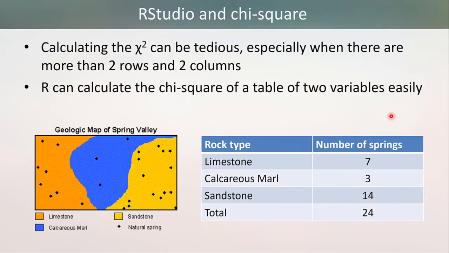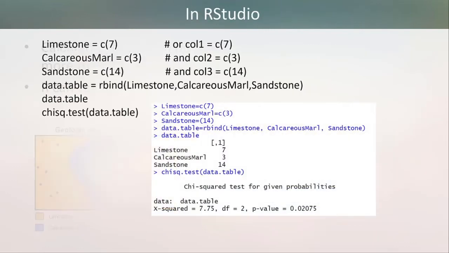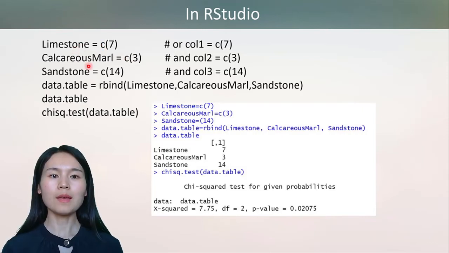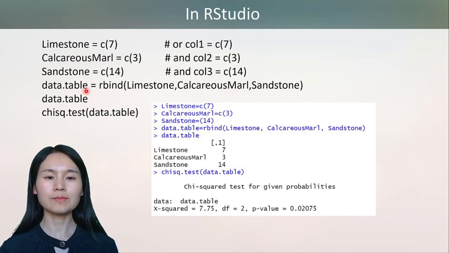Calculating chi-square can be quite tedious, especially if you have more than 2 rows or 2 columns. RStudio can calculate the chi-square of a table or of 2 variables easily. You can simply give the value 7 to limestone, 3 to calcareous marls, and 14 to sandstone, and then bind these numbers together to form a data table.